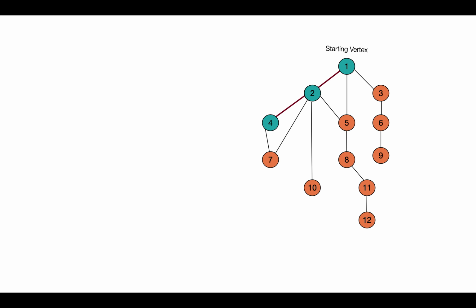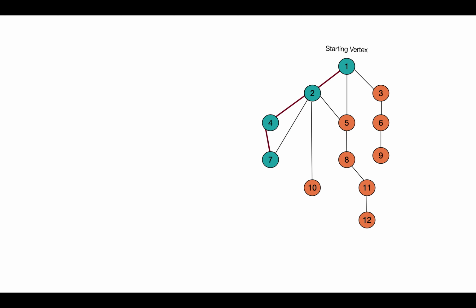We go to 2, then 4, then 7. From 7 we again go to 2, but this vertex is already visited, right? Hence, to avoid visiting a node more than once, we need to keep track of all the visited nodes.